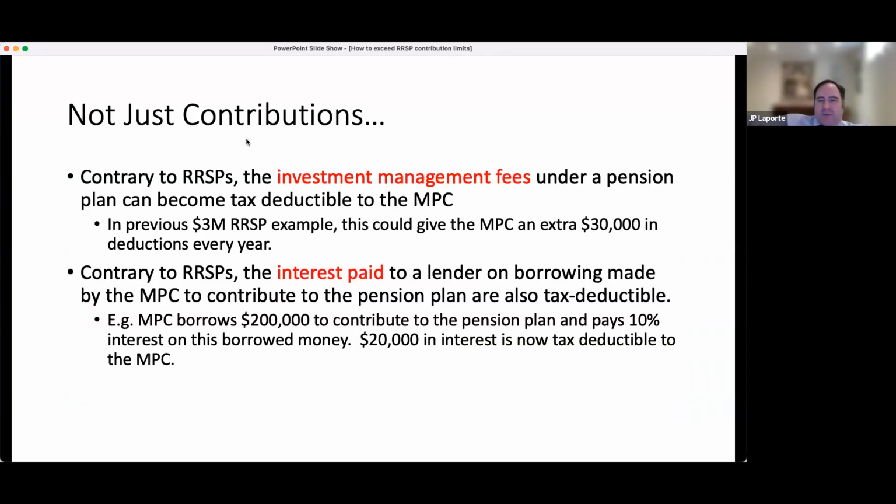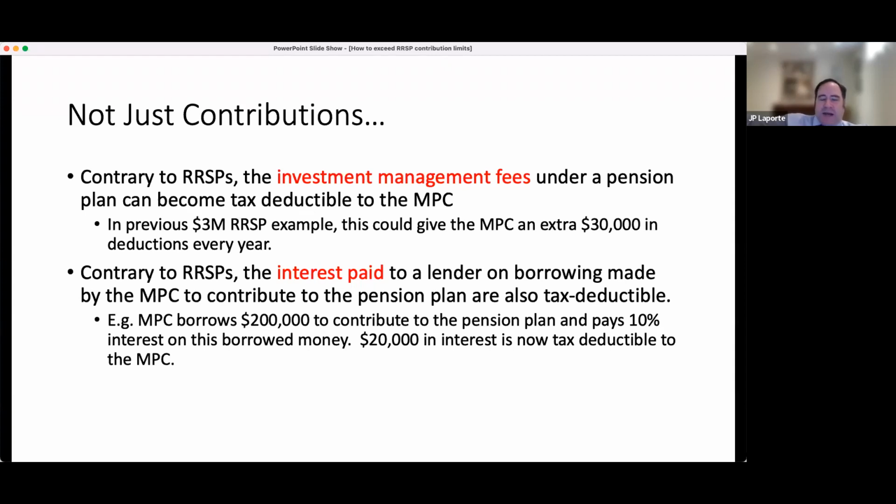But there's more. It's not just the contributions, because on top of being able to contribute all this extra money, we can also unleash and trigger extra deductions, which further reduce the cost of saving money under this type of approach. So first bullet, contrary to the RRSP, with pensions, the investment management fees are tax deductible to the medical corporation.